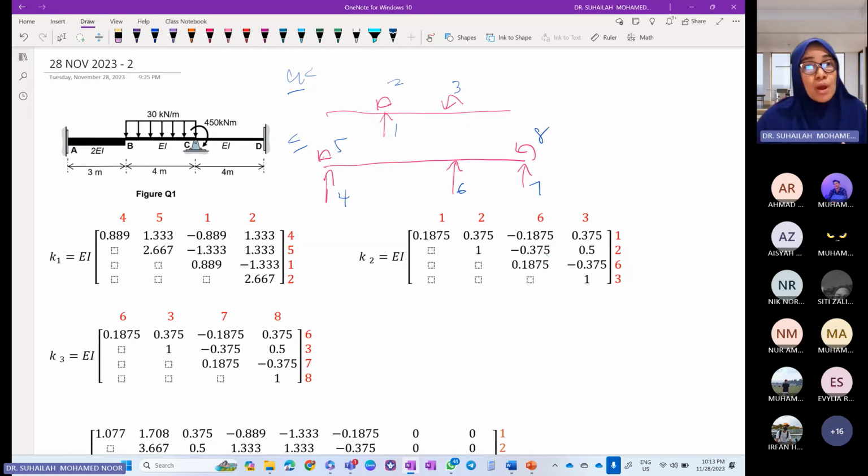C because of the support, even though it is internal, as well as due to the loading at C, because there is a moment at C. Because of the loading, we want to determine the deflection and rotation at that point. And D is support.